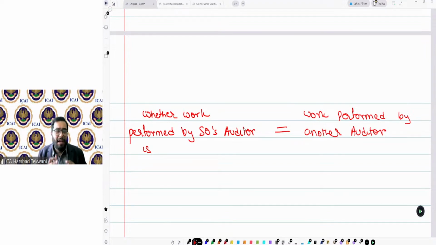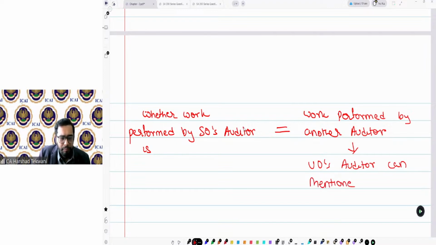Can I say that whatever work is being performed by the service organization's auditor is work performed by another auditor, and I can rely upon it? So the user organization or auditor can mention the reliance in the audit report.